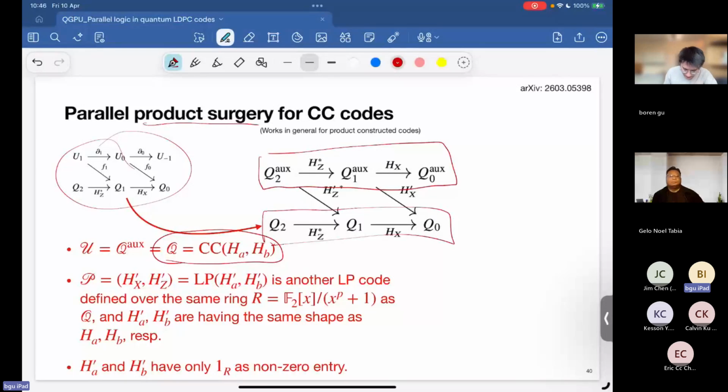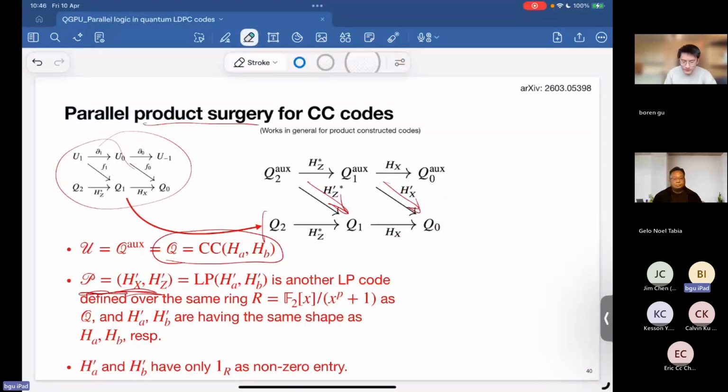And simultaneously, we want the connection maps to also be the parity check matrix of a lifted product code, with extra constraints on the seed matrices. They need to be in some sense binary.